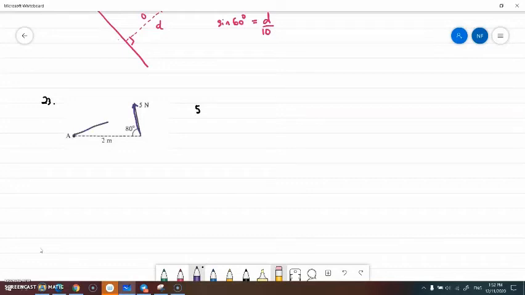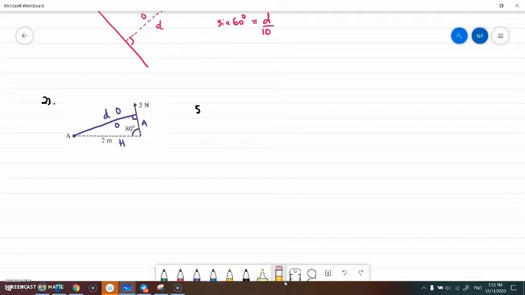So if I draw another line here, it will be 90 degrees here. So we're going to find the distance here. The hypotenuse would be here, the angle would be here, this is opposite, and then we have A here.